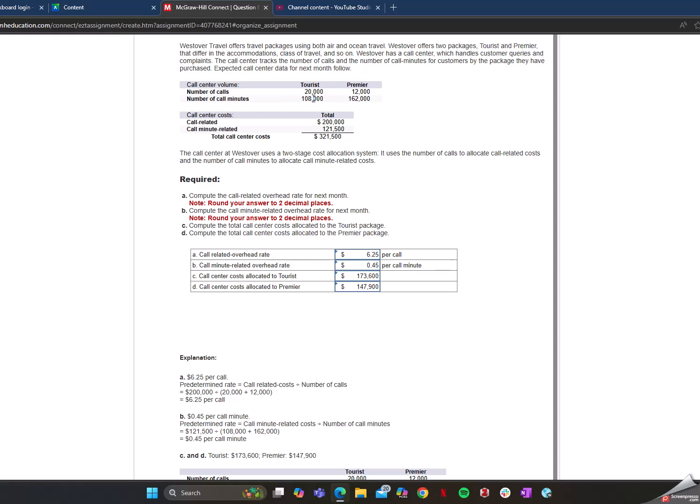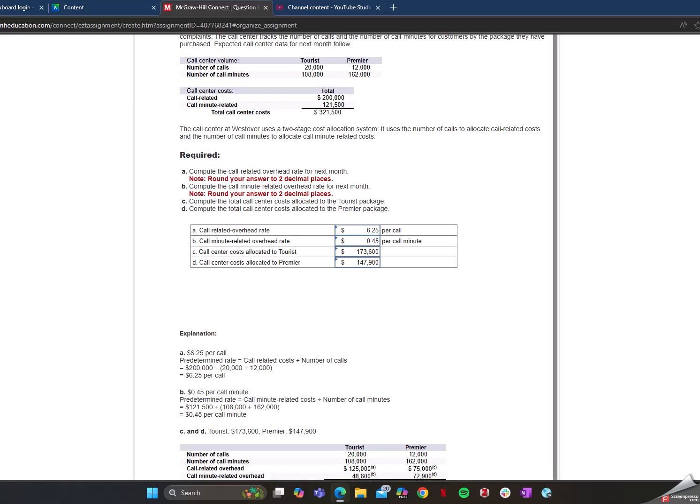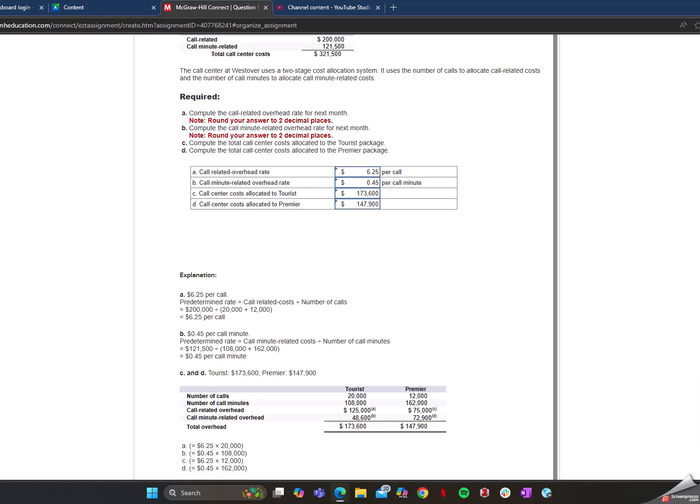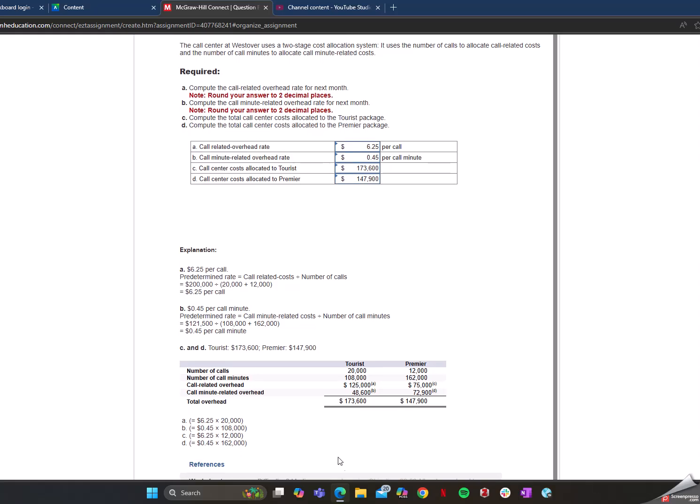So our number of calls for the Tourist, we would take our 20,000 times the $6.25, and that would give us our call related. So I think it does it for us down here, right? So the $6.25 times the 20,000 gives us our call related costs.